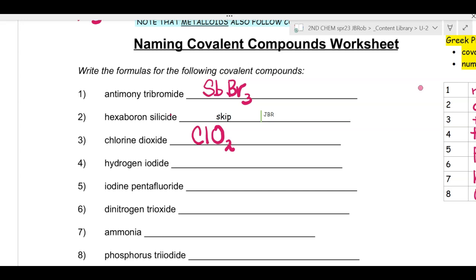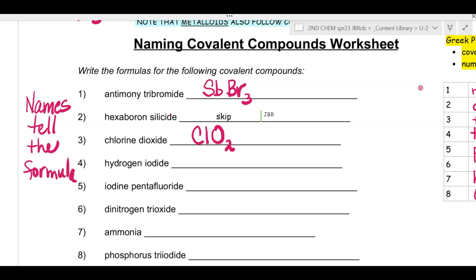But the name tells us that this is what the formula is. So, covalent bonds need for their names to tell you the formula. Names tell the formula, because there's so many possible chlorine and oxygen compounds. Names tell the formula.